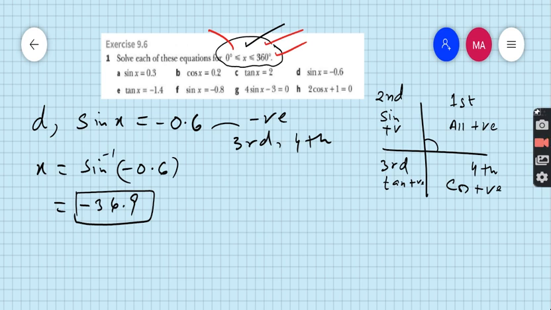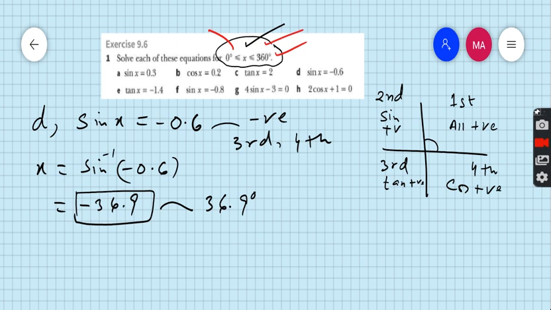Point number 1. And second, because sin is negative in the third and fourth quadrant, therefore the value should be greater than 180 and greater than 270. So we will take this value as a basic angle. Basic angle means an acute angle, an acute positive angle.